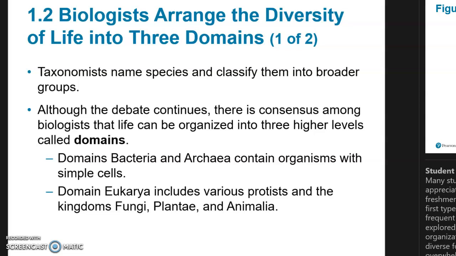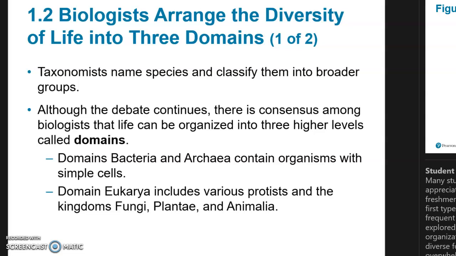It's very conveniently named bacteria. And then with archaea, it's the same. It has kingdom archaea only. And we will get into details of this at a later time.